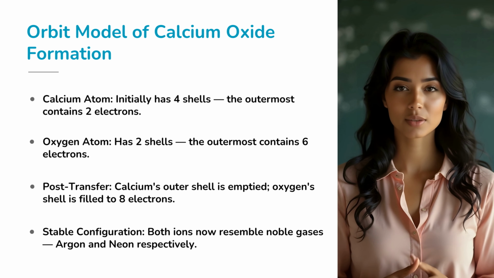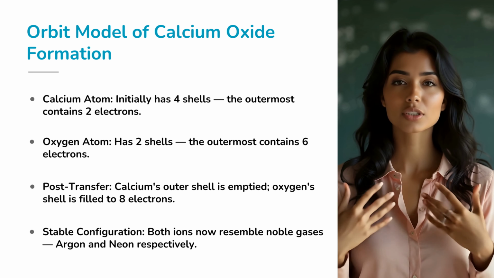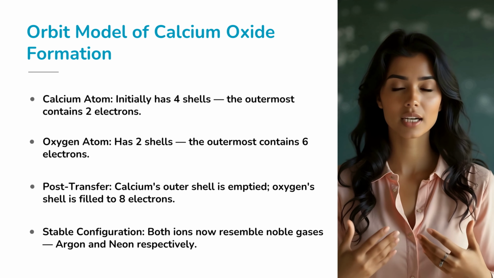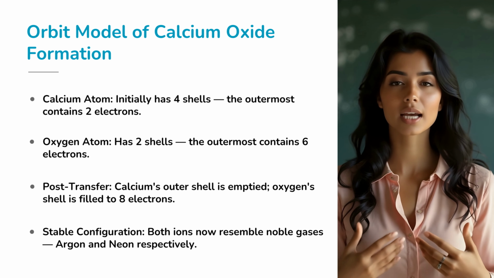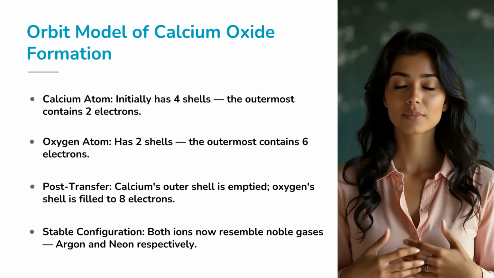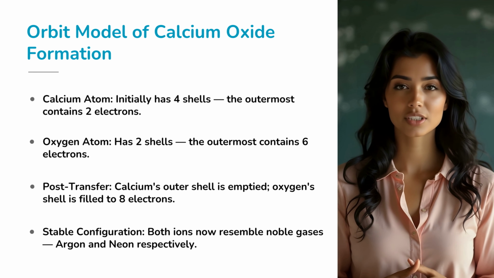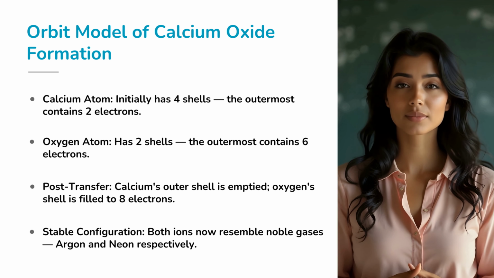Let's take a step deeper into orbital shells. In the atomic orbit structure, calcium has 4 shells with 2 electrons in its outermost. Oxygen has 2 shells and lacks 2 electrons to complete its octet. After bonding, calcium's outermost electrons are gone, making it stable like argon.